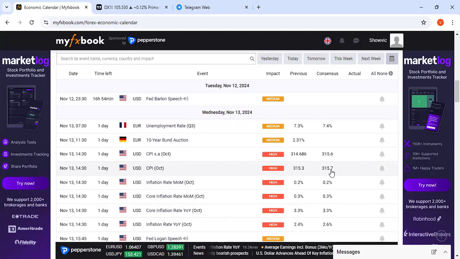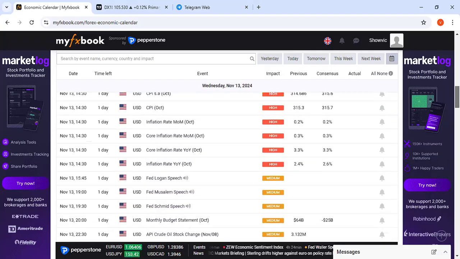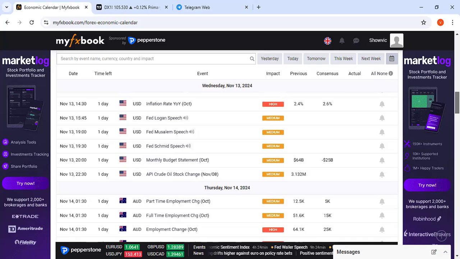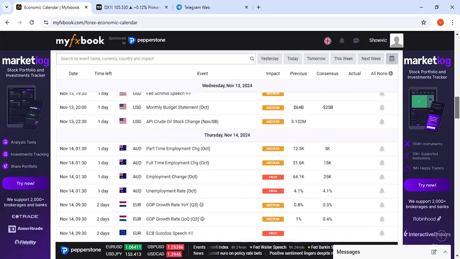I think it's going to come in lower. Inflation rate month on month, 0.2, staying the same as last time. Core inflation staying at 0.3. Then the headline inflation rate year on year coming in at 2.6%, higher than the 2.4% we had last time. I think it's going to be coming in lower than consensus, and that will likely play into a bearish USD. It's likely going to cause the dollar to weaken and have a sell-off.